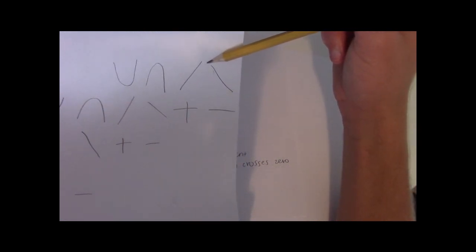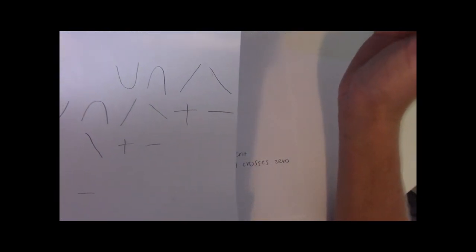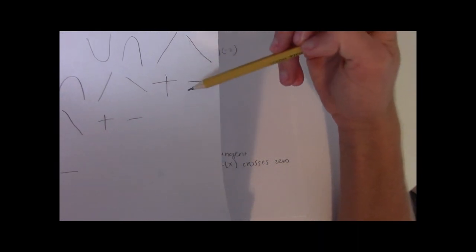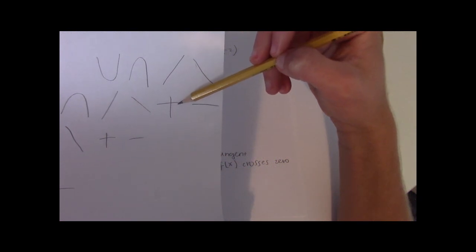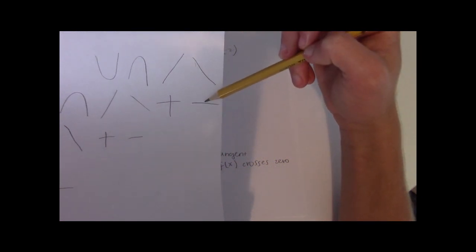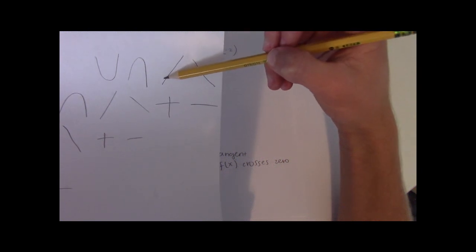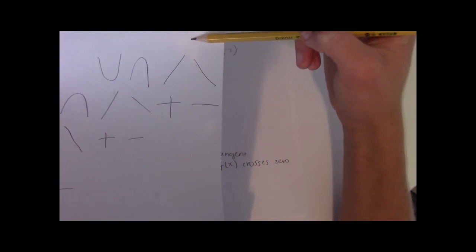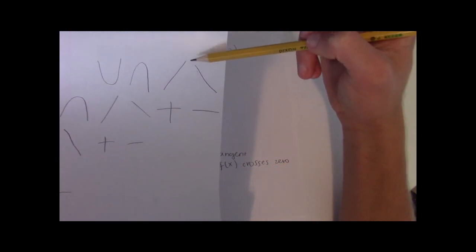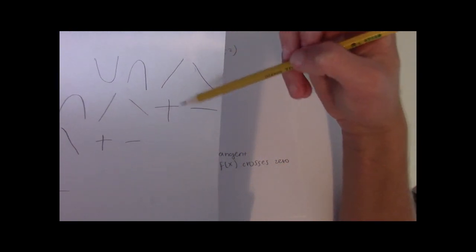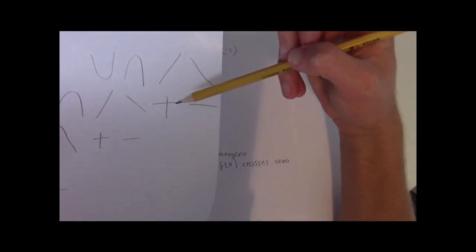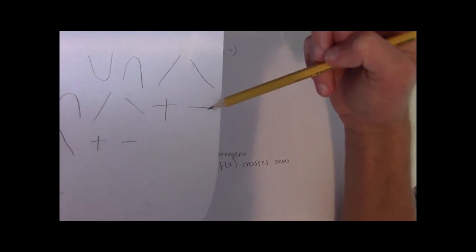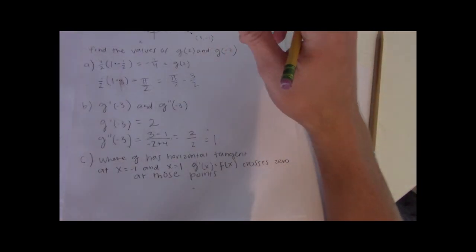So what we need to do to see whether these points are relative minimum or relative maximum or not is look at the derivative and see whether it changes from positive to negative, which would mean our antiderivative, our original function, changed from increasing to decreasing, which would be a relative maximum, or vice versa, which would be a relative minimum. Or if it did not go across the x-axis, it would be neither of those.